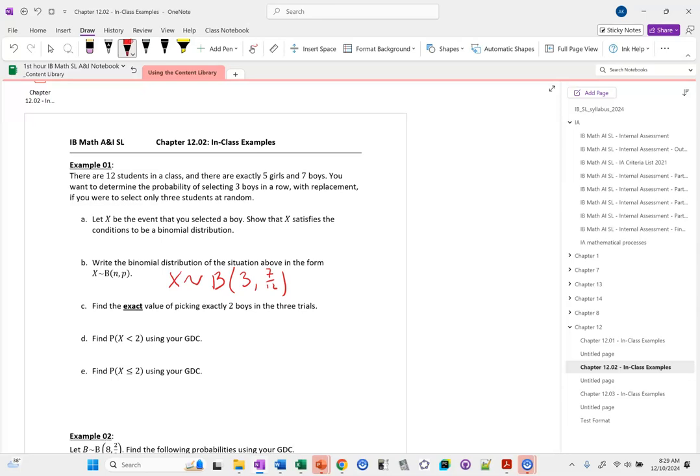Find the exact value of picking 2 boys in 3 trials. So when it says exact value, what is it going to be asking for here? Probably doesn't want you to use your calculator. So we'll do the formula. That's n choose r, so 3 choose 2, times the probability of success to the r and the probability of failure to the n minus r.